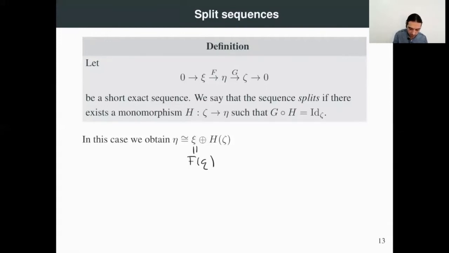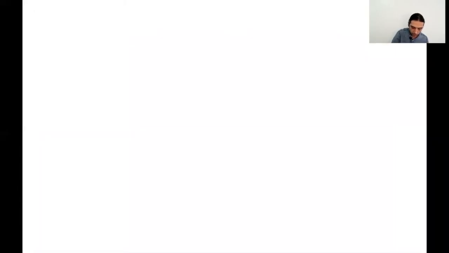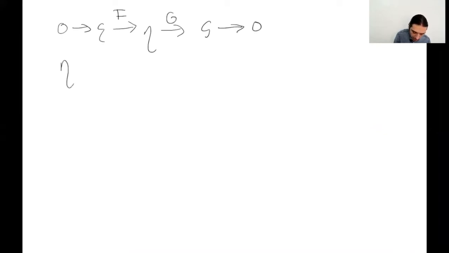Okay, let's consider our short exact sequence. Here we have F, here we have G, right? And what we want to see is that eta is isomorphic to, oh, sorry.